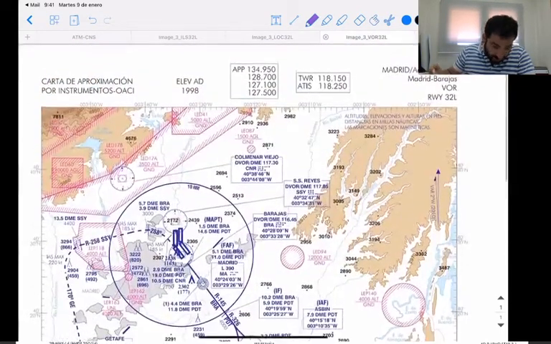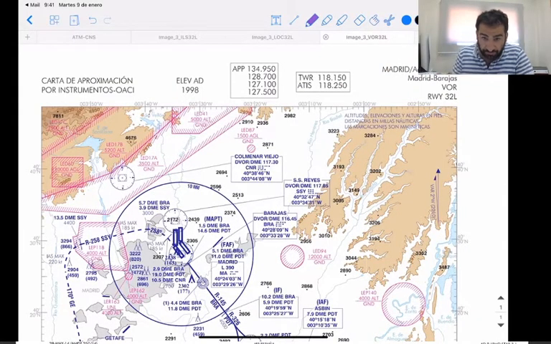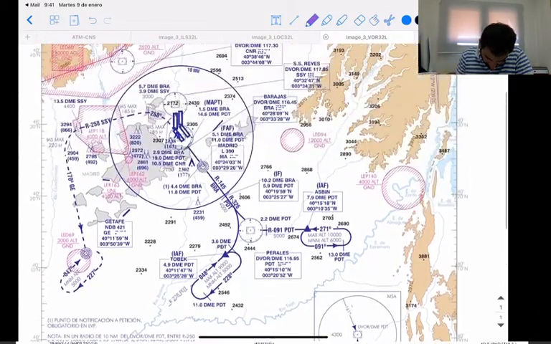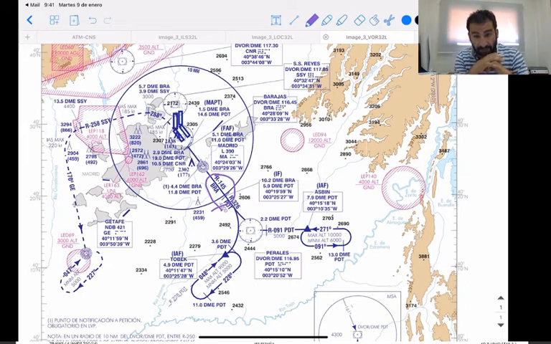Similar with VOR non-precision approach, nothing changes, except that now I am supposed to be following a radial. So a radial 145 is defined with respect to Barajas, and I should be following that radial. I am not engaging the localizer at the autopilot, which makes things a bit easier. I need to follow an on-board navigation procedure that is providing lateral guidance.